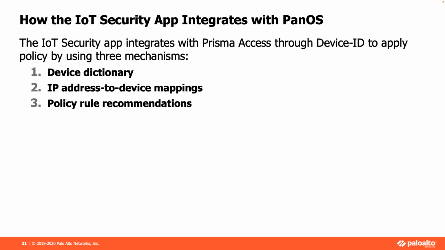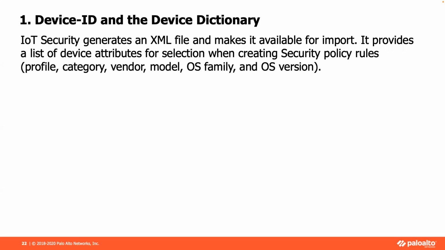We say, well, your Ring doorbell has this IP address right now. And then we have the ability to create rules, security policy rules and other policy rules that we suggest to you, but you have the ability to say, yeah, I like this, or no, I do not like that. So I want to implement this or not.